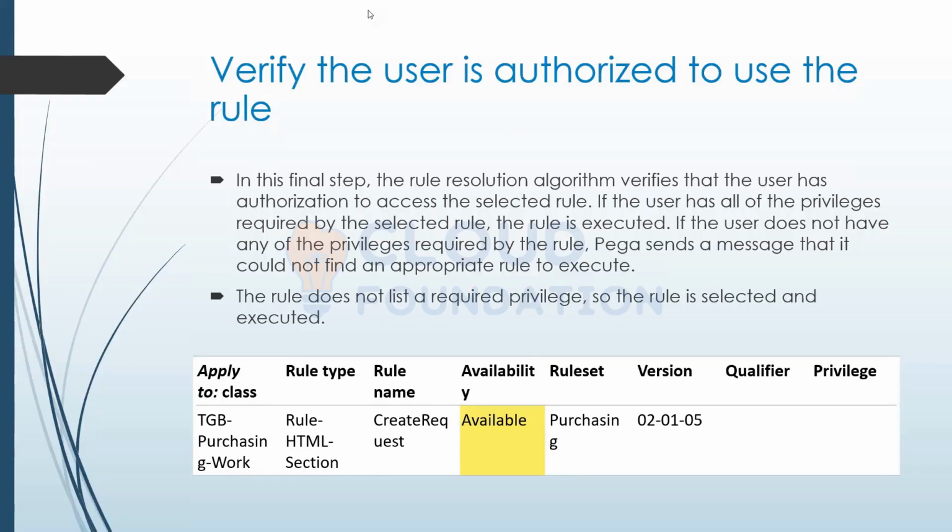Finally, the user is able to run this transaction, and the correct outcome for this search algorithm for the create request is that this rule candidate gets executed, from TGB purchasing work, version 02-01-05. This happens for each and every rule that you work with.